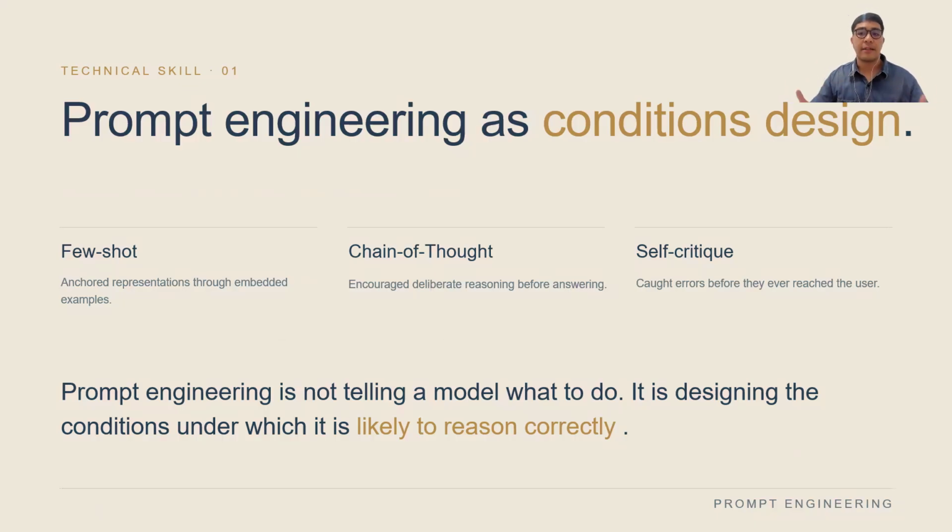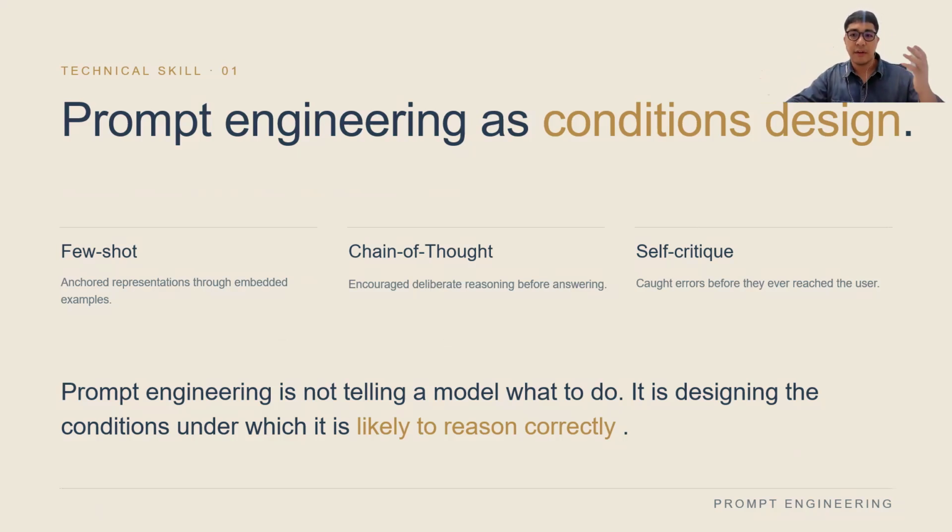For technical skills, I learned prompt engineering as a core skill in this internship. I came in thinking of prompts as instructions, but by the end, I thought of them as the design of conditions under which the model is most likely to reason correctly.